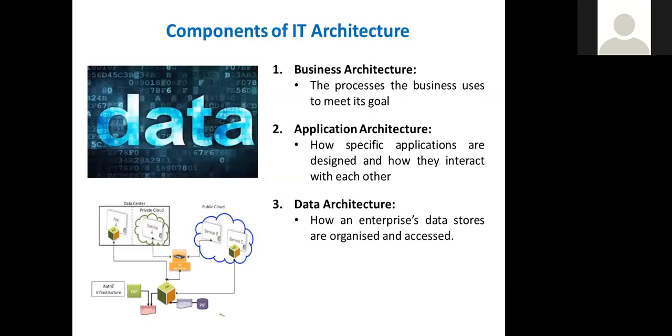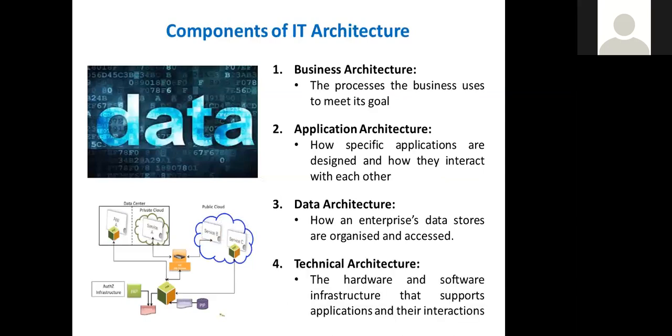What information will be available to whom? What knowledge will be created? And how this knowledge will provide business intelligence and a competitive advantage. And finally, the technical architecture, that is the hardware and the software, how they will connect to each other and align to the business needs.